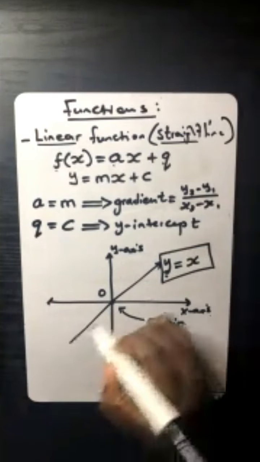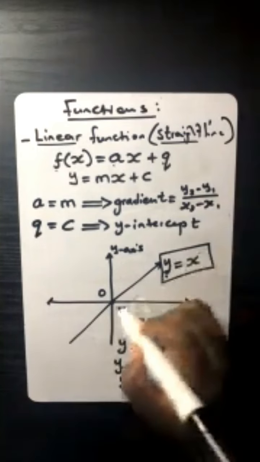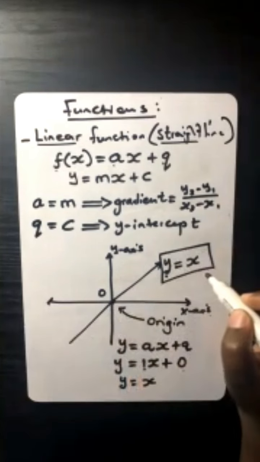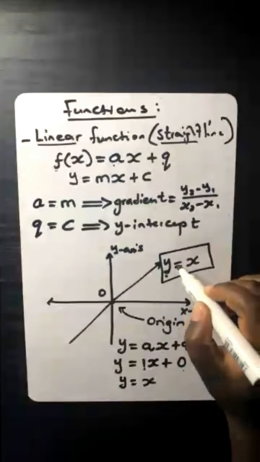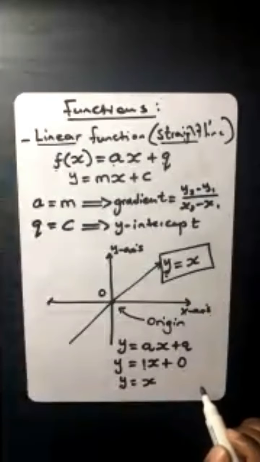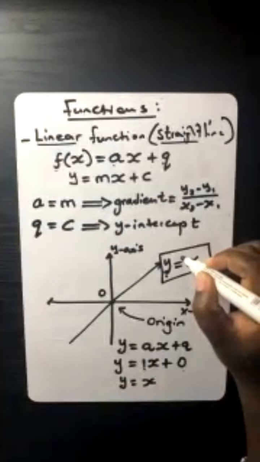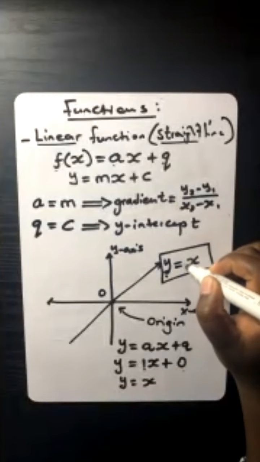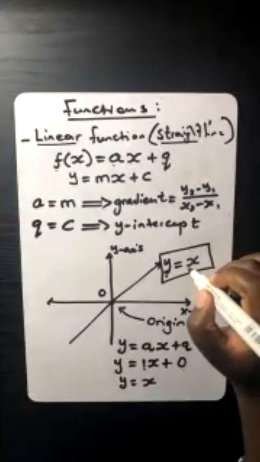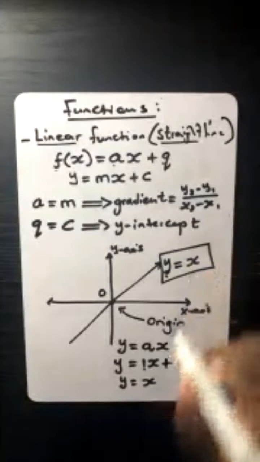So for a straight line passing through the origin, we know it's y equals x. But remember, guys, that gradient, in this case, is 1. In some instances, it could be 2, it could be 3, it could be whatever.